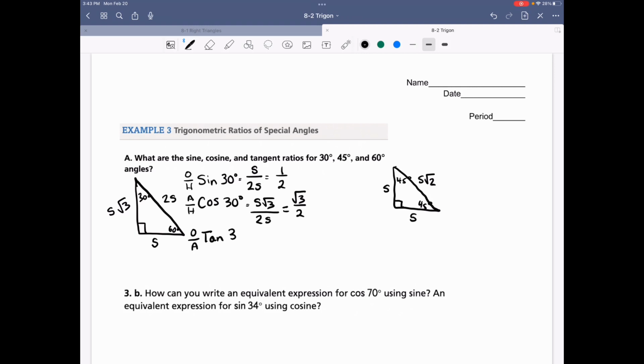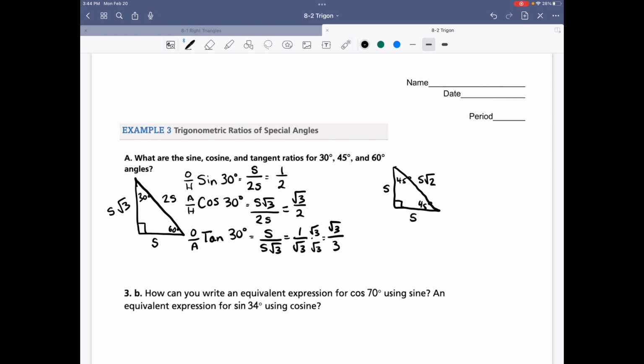The tangent of 30 is opposite of 30, which is s, over adjacent to 30, which is s root 3. Ooh, we don't like the root 3 in the bottom, but the s's cancel. So we would have 1 over root 3, but then we would rationalize it. So that's going to be root 3 over 3. And that's just for the 30 degrees.